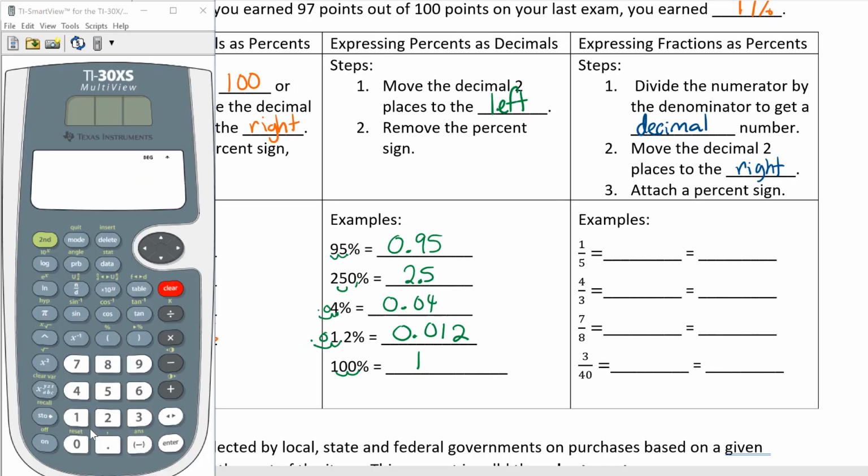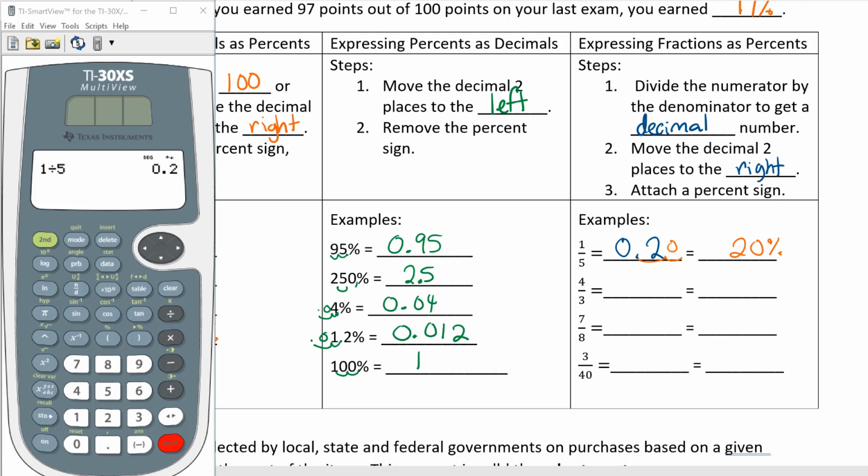So our first example is 1/5. So I'm going to take out my calculator and type 1 divided by 5 in order to turn 1/5 into the decimal equivalent of 0.2. Now I can take the 0.2 and move the decimal over 2 places to get 20, fill in the zeros, 20, add the percent sign, 20%.